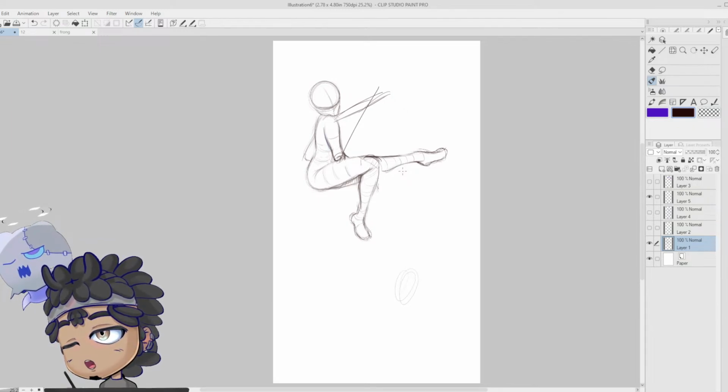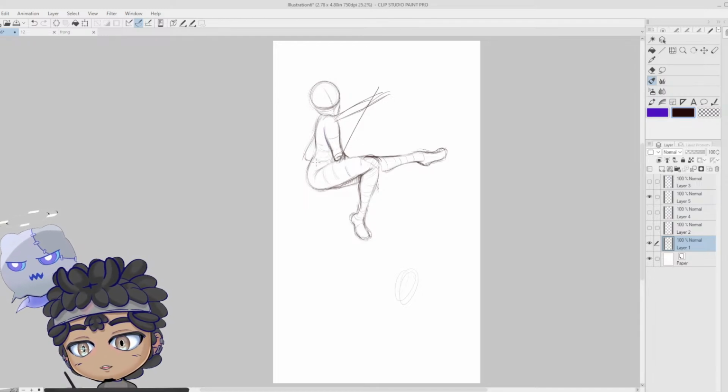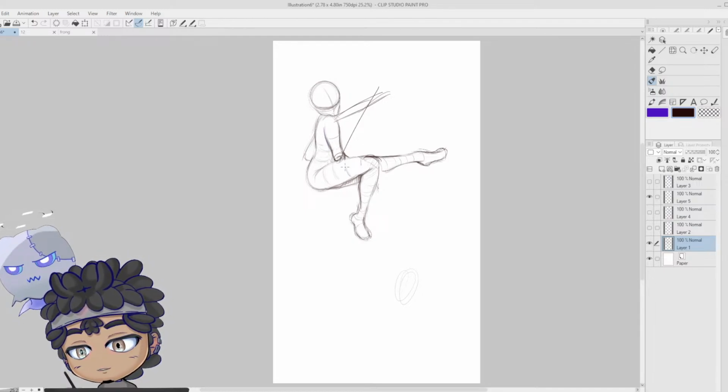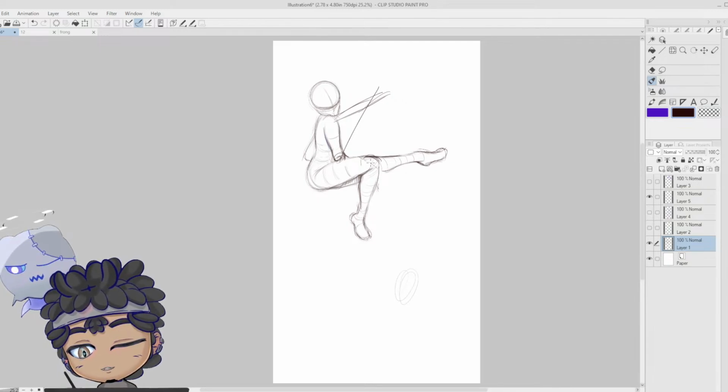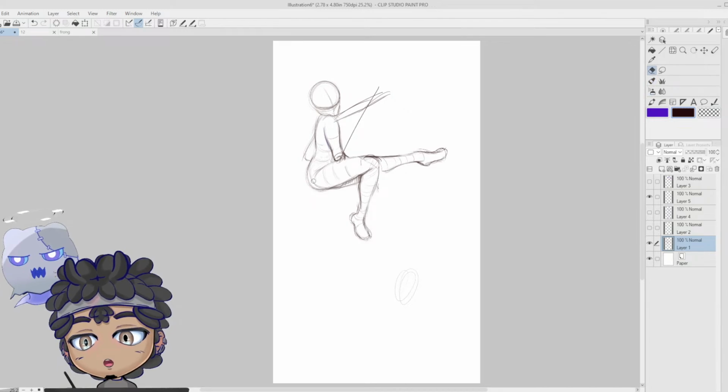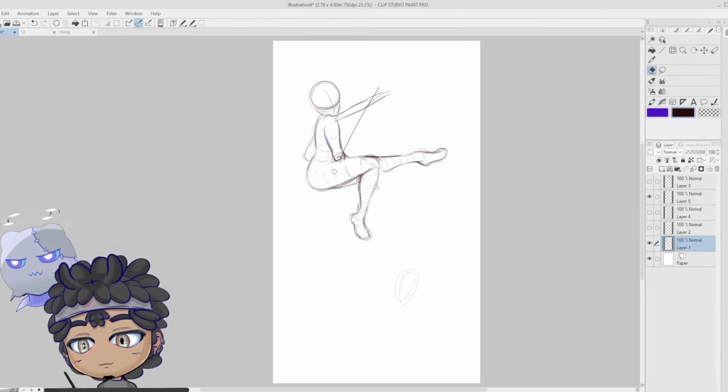The problem is her hips are turned away from you. Yes, it's turned away like this. I have it going inwards when actually the butt's supposed to be showing. I have it the wrong way. So if I were to redraw this, I would erase this part.